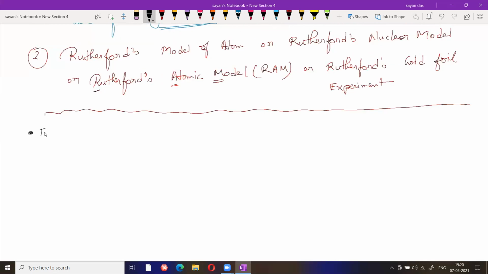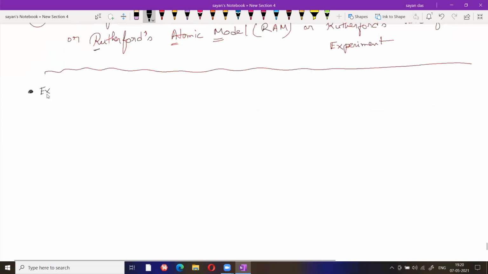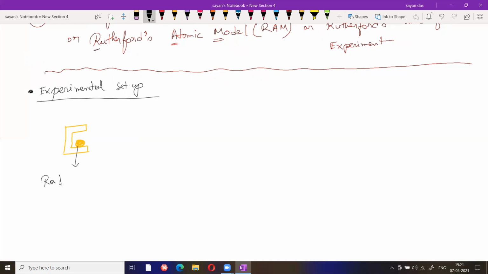Look, in the experimental setup, this one is a radioactive substance, which is a source of alpha particles.